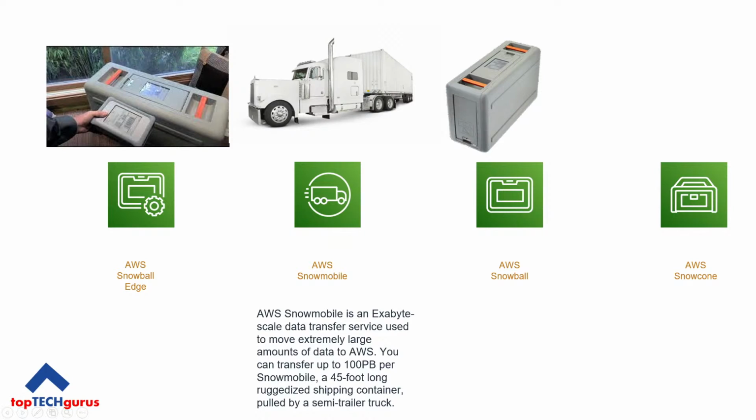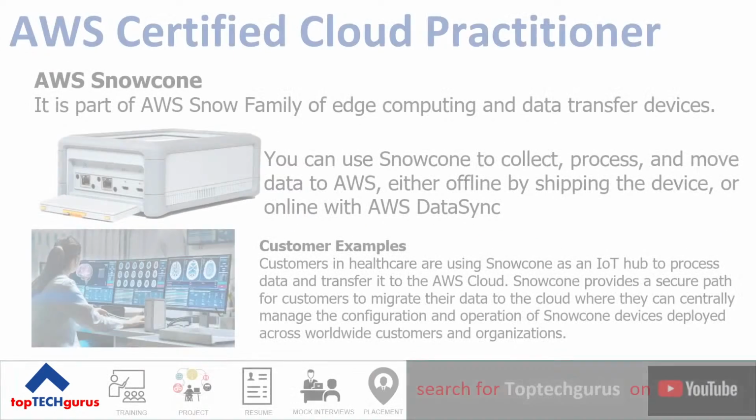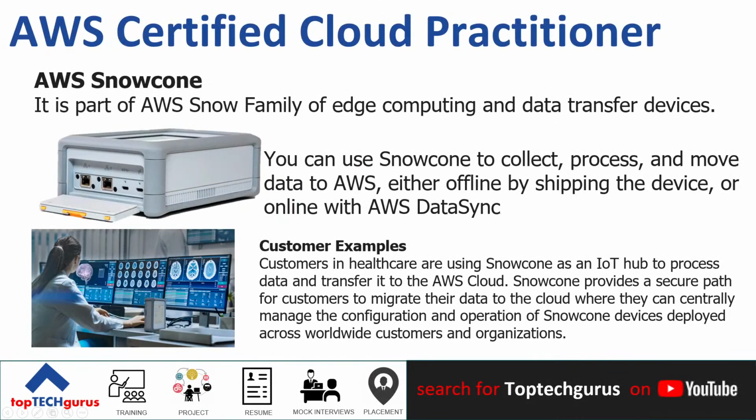The Snow Cone, we look at that in the next slide. The Snow Cone is part of the Snow family. It's another edge computing device. Here there's an example where in healthcare you use it as an IoT hub, so you process and transfer data.